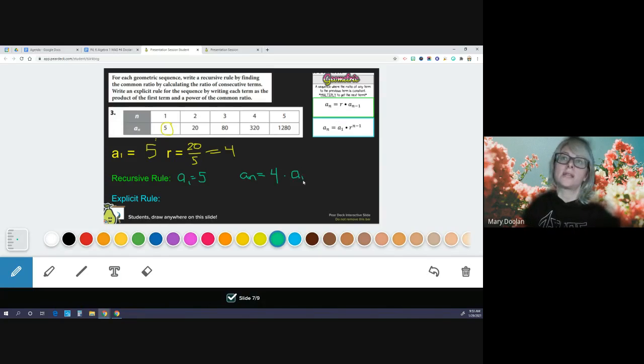So I'm still just writing a sub n minus 1. The only thing that I replaced from this is just the value of r. And even though it doesn't say it, you have to include what is a sub 1 in this value here, 5. And then we just write this is for n is greater than or equal to 2. So in HMH, you're just going to be plugging in the missing pieces. It'll be easier.